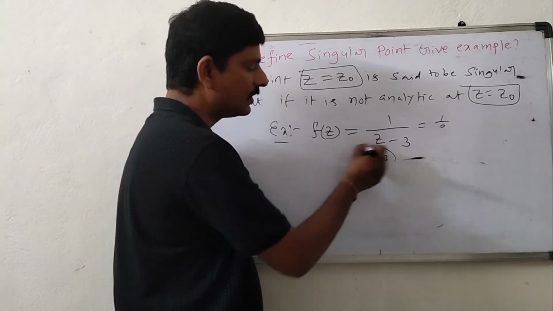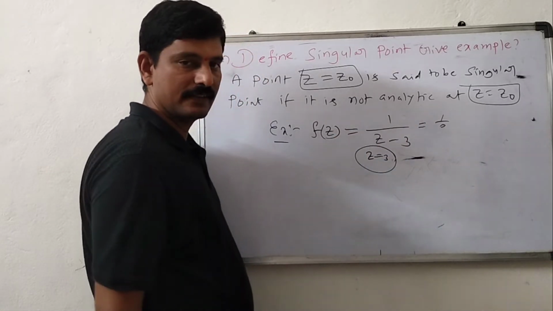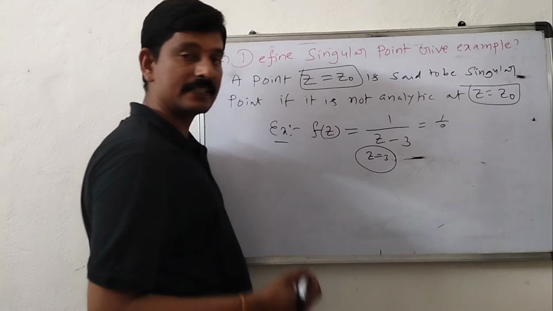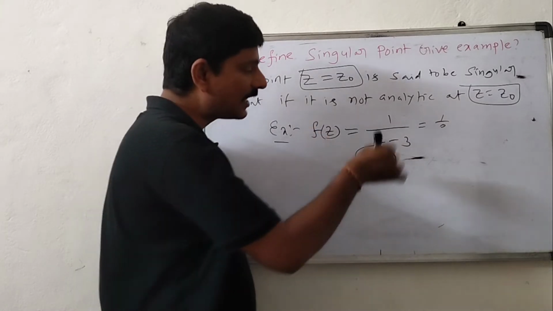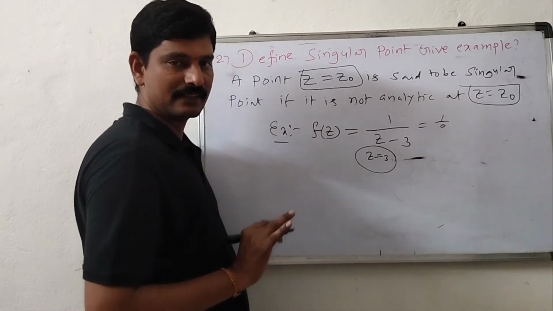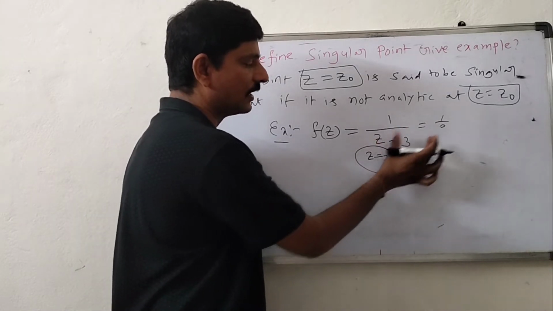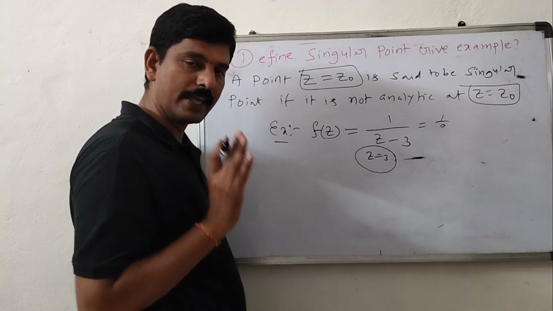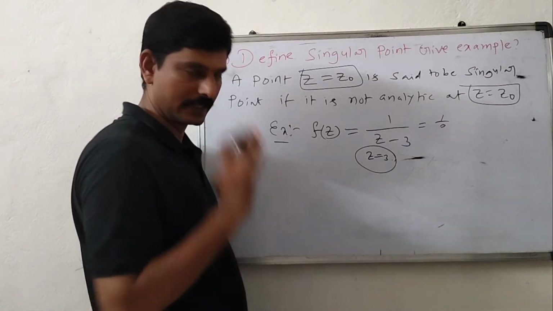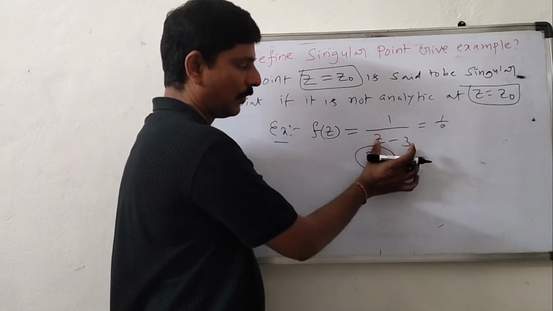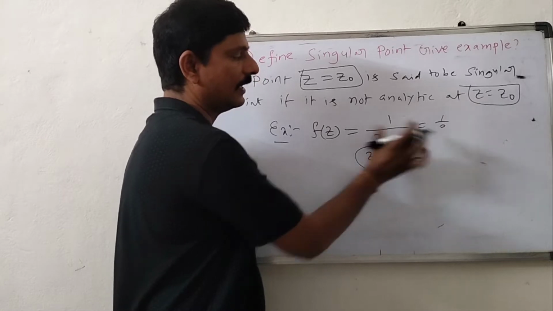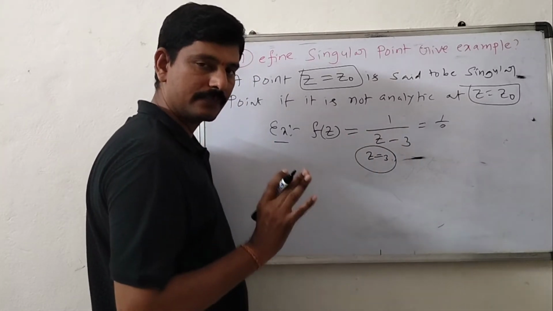That means at z equal to 3 the function is not defined. If it is not defined, then it is not differentiable, and if it is not differentiable, then it is not analytic. The points at which the denominator is equal to 0 are always called singular points.